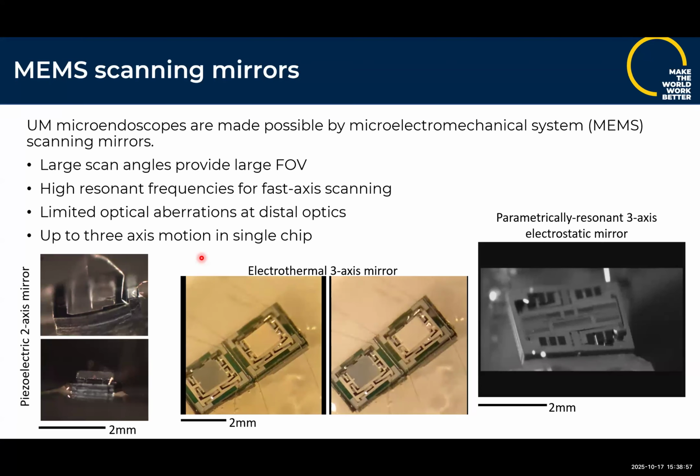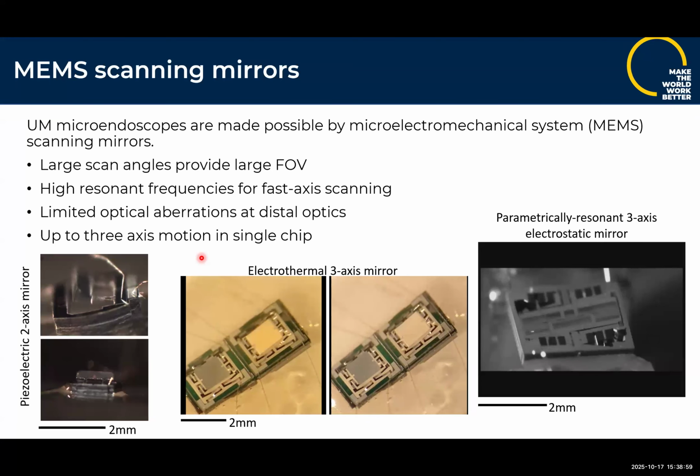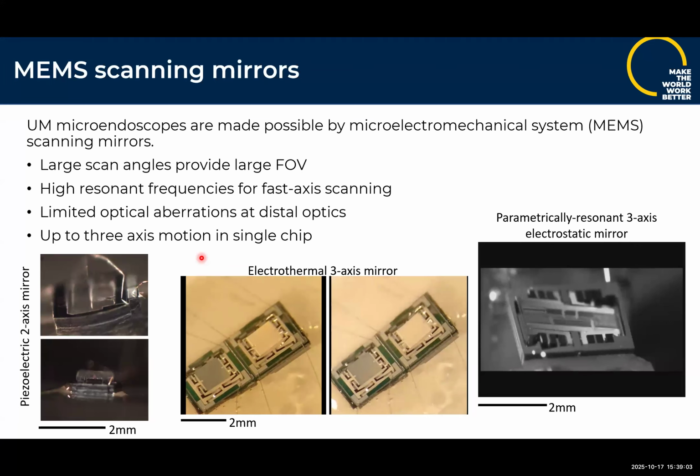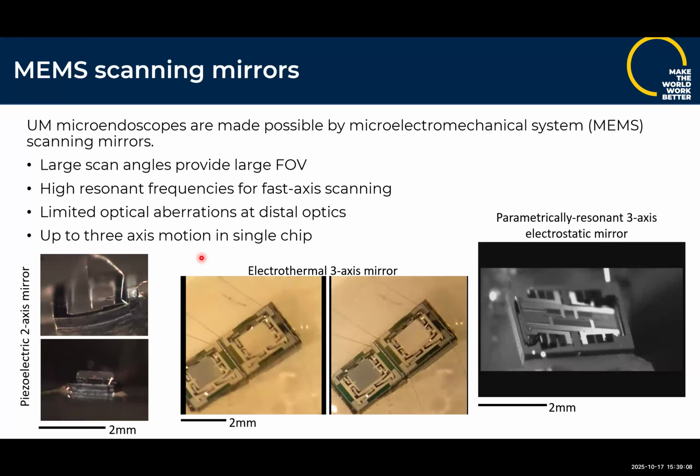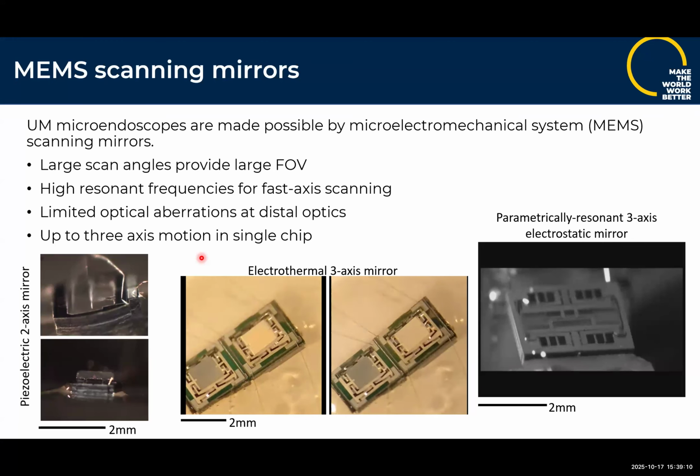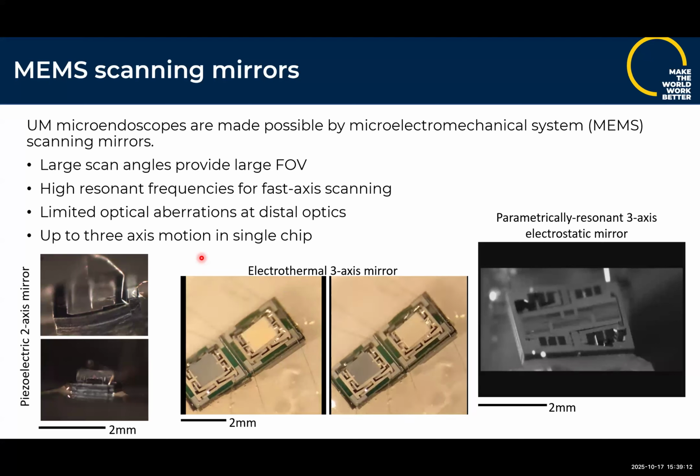And so this is beneficial in these miniature imaging systems relative to some of the purely fiber-based methods I mentioned before, because often they can achieve wider field of view, larger scan angles, so a larger imaging space.